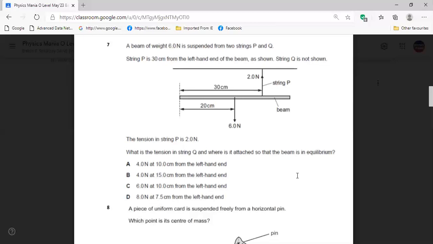The first condition is forces should be balanced. Your downward force is 6 Newton and your upward force shown here is 2 Newton. Now they are asking about the other string Q, what will be the force over there?